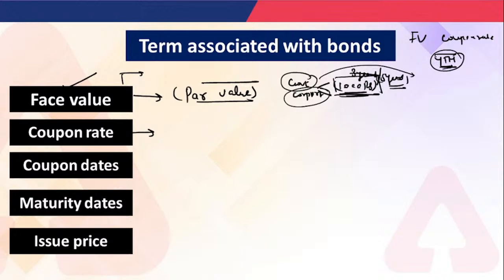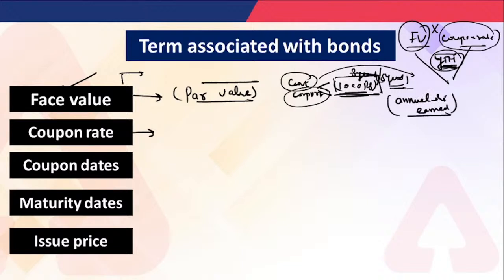Whenever you find a coupon rate and the face value of any bond, you have to multiply them, and from that you determine the annual interest earned by the investor. One question may ask what the annual interest earned by the investor is.